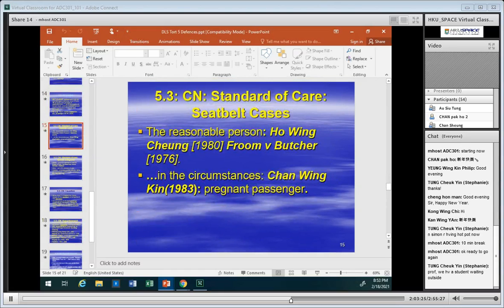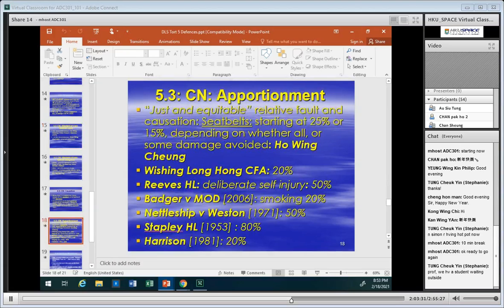Ho Wing Chung is must know on the standard of care, particularly for seatbelt cases. All right, and Ho Wing Chung is also good on the range for seatbelt cases. But in all other cases, how much the damages will be reduced by really depends on the facts of the case and is up to the court. Okay, all right, so a good list of cases there.